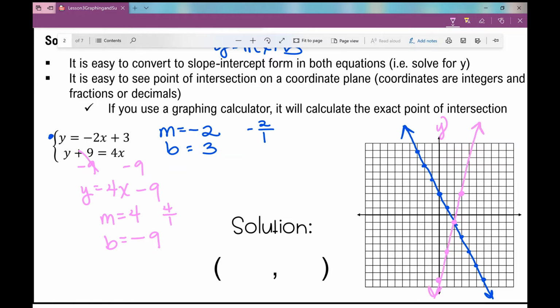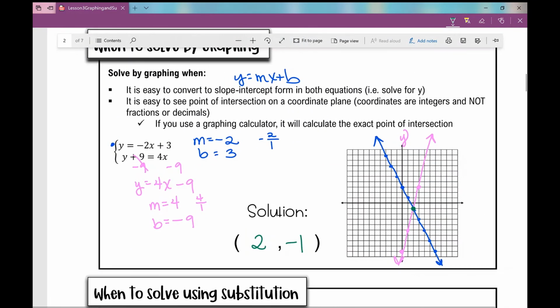I'll draw the line, but I don't even need to continue because I can see that point of intersection. It's right here. What is that ordered pair? Right 2, down 1 is 2, -1. That's my solution. Again, if you can solve for y and plug it in on your graphing calculator, you can follow the steps to do that.